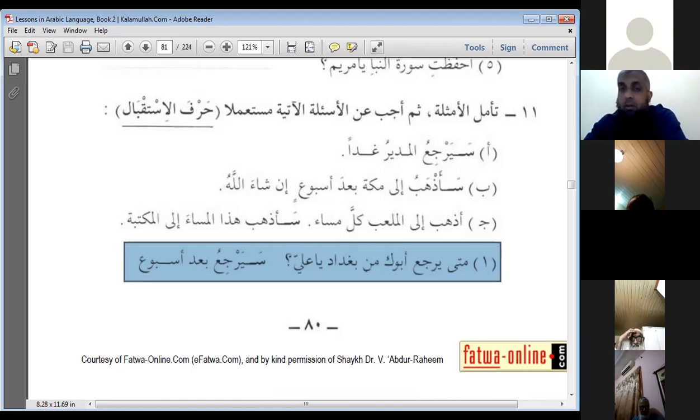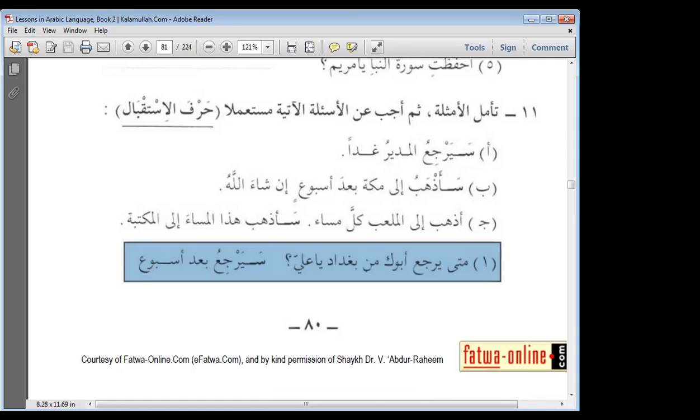So say after me, raja'a. Raja'a yarji'u. Notice the jim has a what below it? A kasra. Okay. So raja'a. Notice we are saying raja'a. This is past tense. Okay. Ra fatha, jim fatha, ain fatha. Raja'a. Past tense. Present tense we are saying what? Yarji'u.